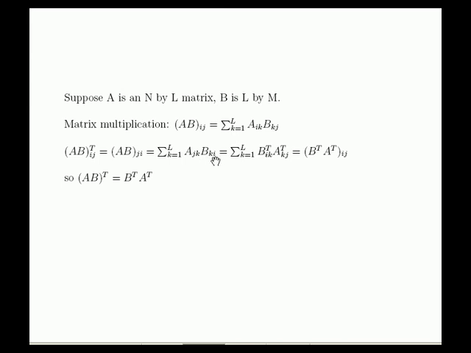And now bki can be written as B transpose ik, and ajk can be written as A transpose kj. And that is just the ijth element of the product of B transpose A transpose. And so the ijth element of AB transpose is the same as ijth element of B transpose A transpose for any i and j. Therefore, those are the same matrices.